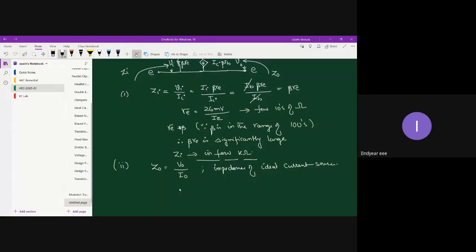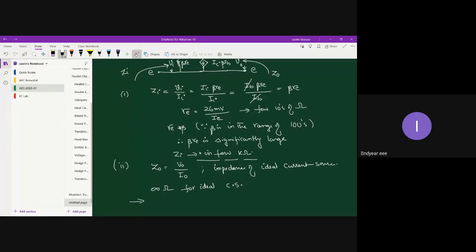So the impedance of an ideal current source is infinity ohms. However, the transistor being a practical device, ideality cannot be considered while solving problems.